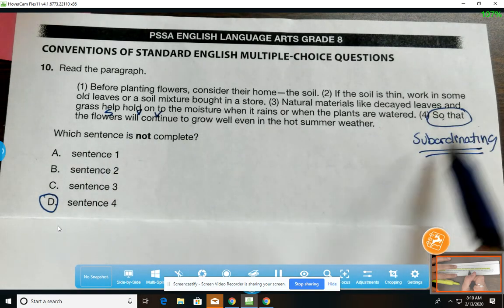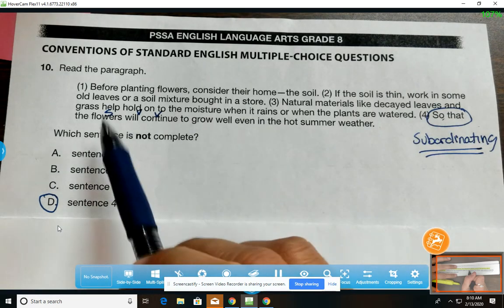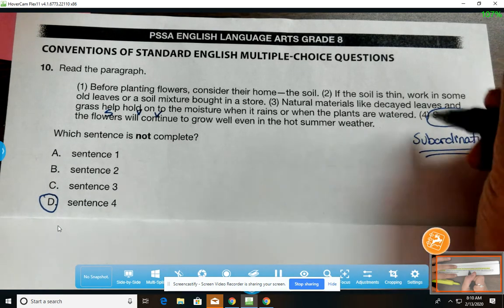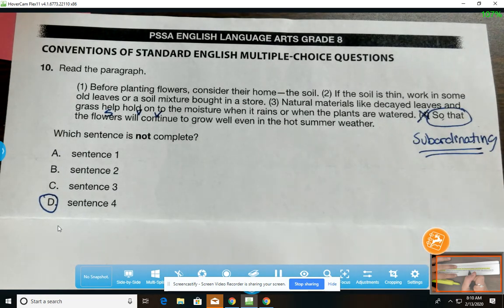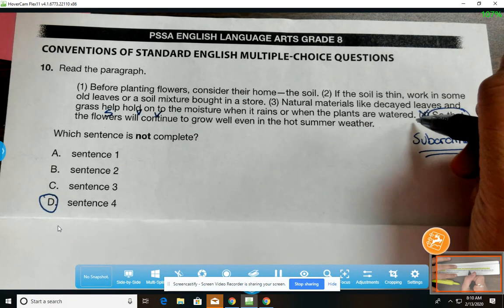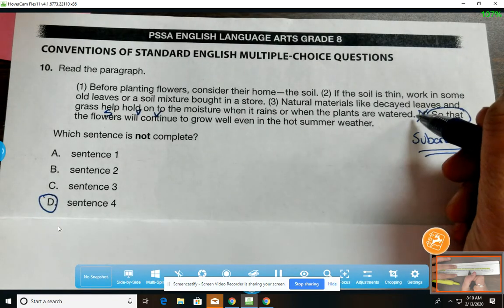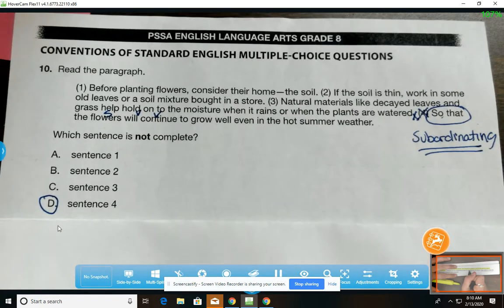This is a subordinate clause. So even though it has a subject and a verb, subordinate clauses cannot stand alone. To fix that, we don't need to use a semicolon or a comma and conjunction because it cannot stand alone. We just need to add it to an independent portion. So we could probably add it right here.